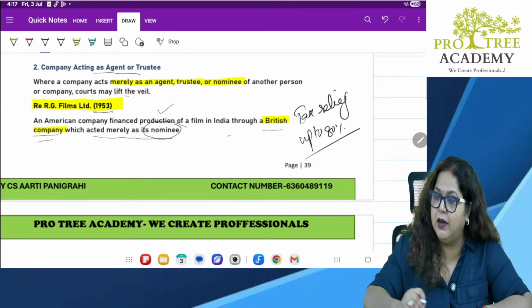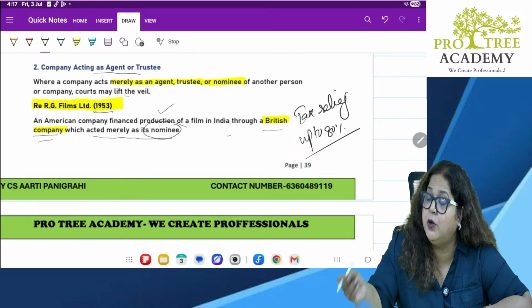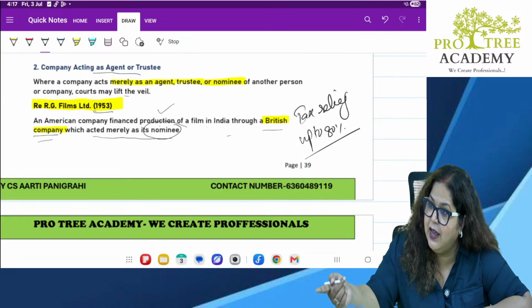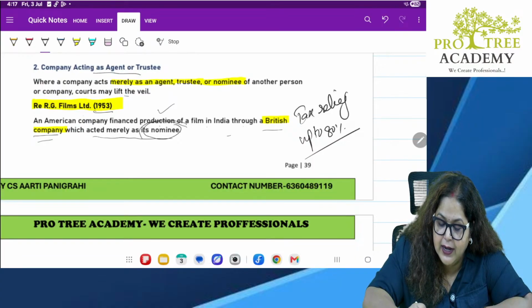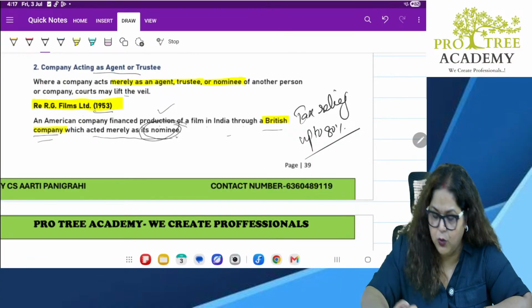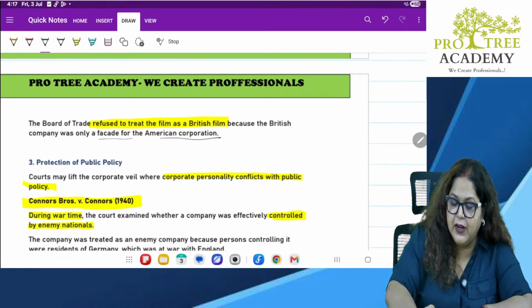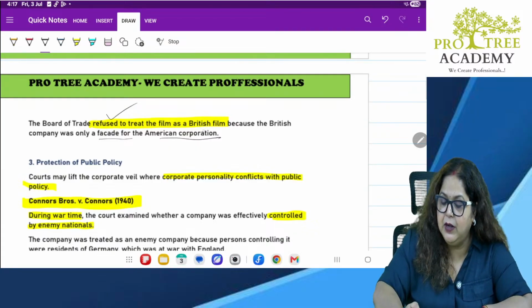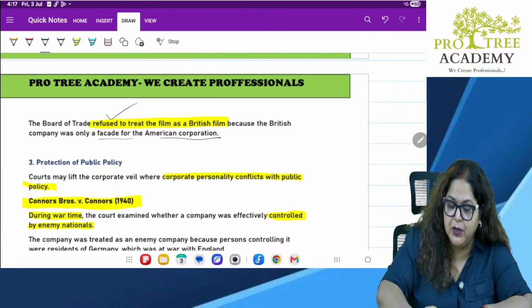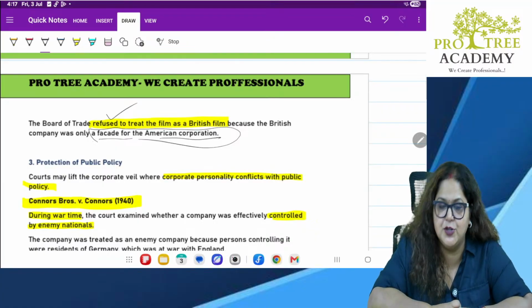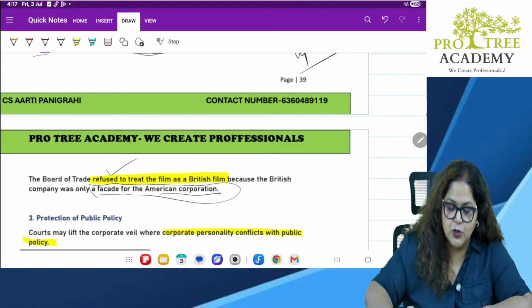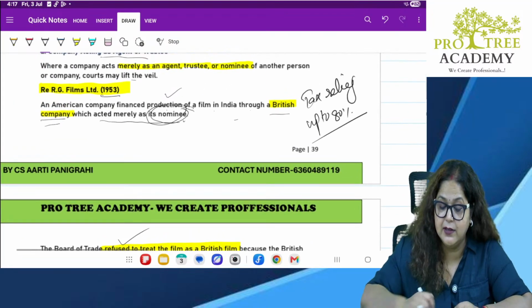And like that, to save the tax, they had taken the help of British company. And that company was treated as just a nominee company. So the Board of Trade refused to treat the film as a British film because the British company was only a mask for the American corporation. Clear? Yes.